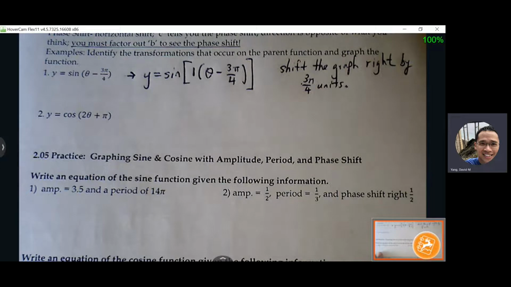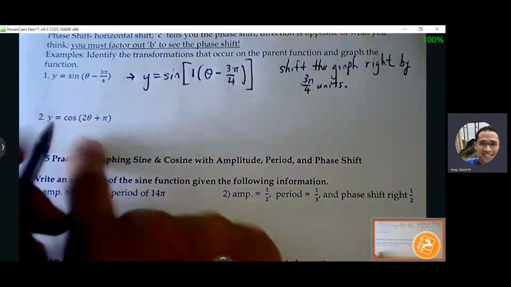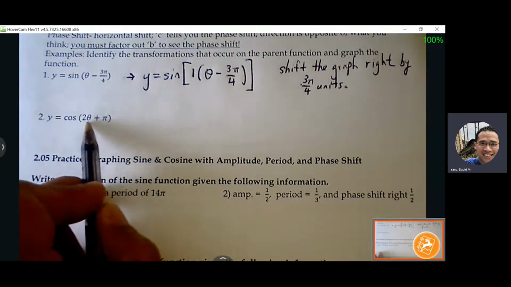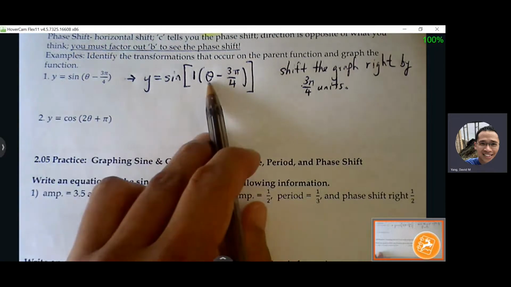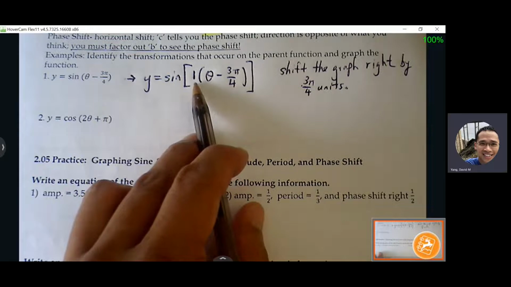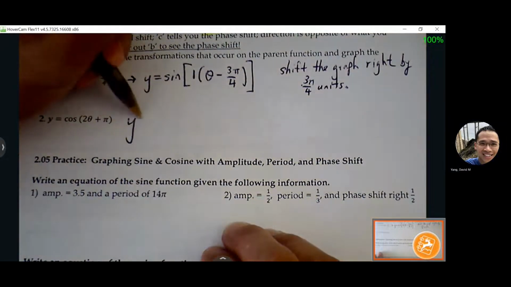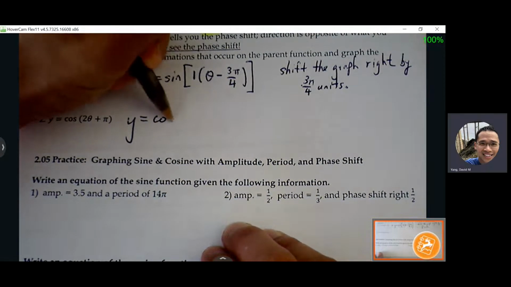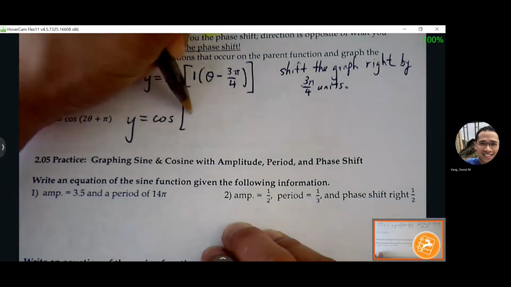Okay, number 2. Yeah, so this is what's messy here, having to deal with this 2 theta, because the theta is not by itself. We've got to get that theta by itself, meaning it's either a 1 or it has to be another number. So here, let's go ahead and do that. I'll do a bracket, 2.